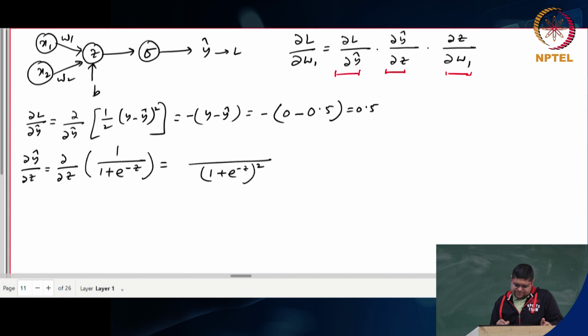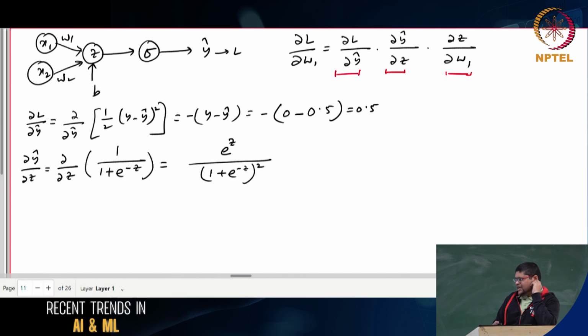The upper term derivative, minus of e to the power minus z, and another minus for the minus z, so e to the power minus z will come, right? Clear? So if you put these values, you'll get it easily. But there is a special form. So how will it come?